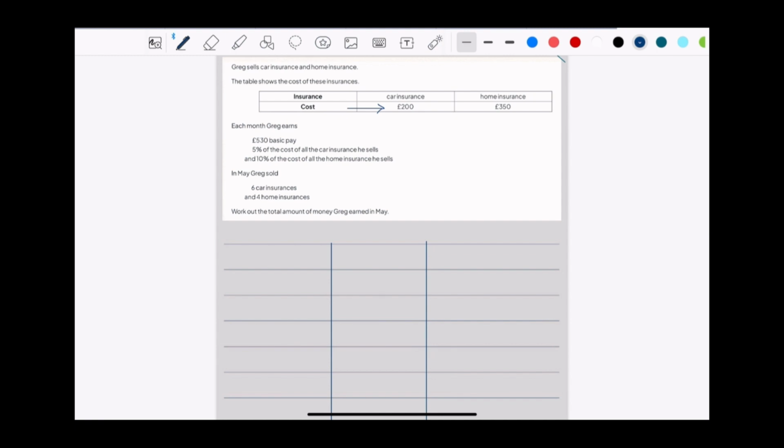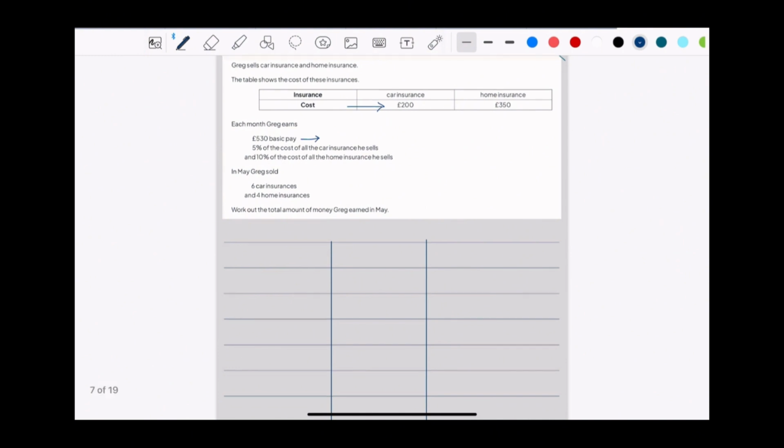His salary is £530 as a basic salary, which means if he's not able to sell any of those insurances, this is the amount of money he's going to take home anyway. But he also gets 5% of the cost of all the car insurance he sells. So the insurances that he's about to sell, that 5% will be his commission.